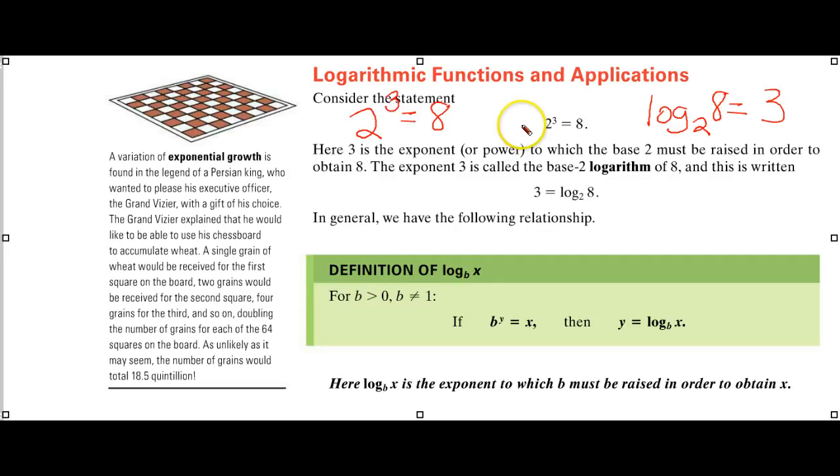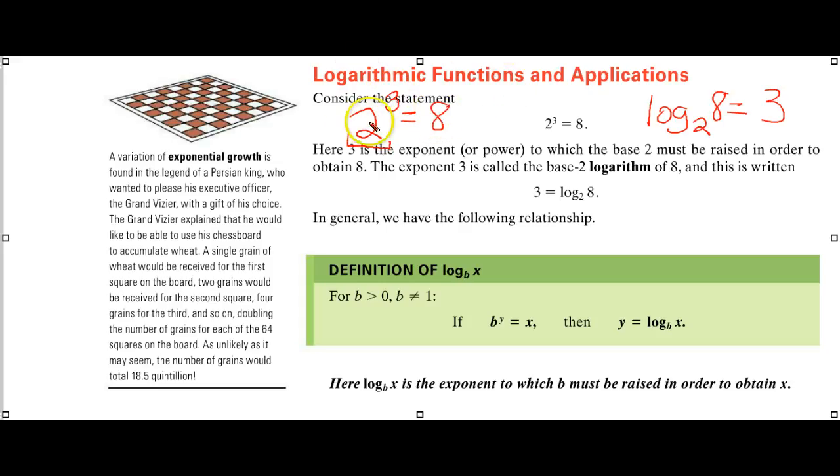Now, as we continue in this section, we're going from exponential function, that is, we're raising things to an exponent. Our base here is 2. The exponent is 3. 2 to the third power is 8.